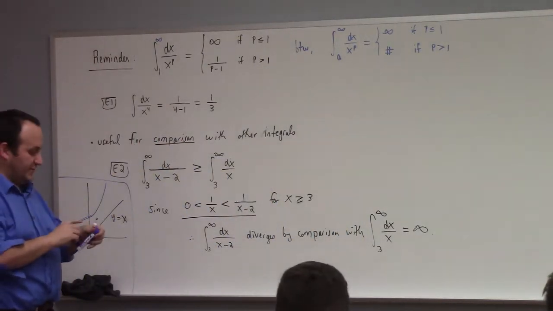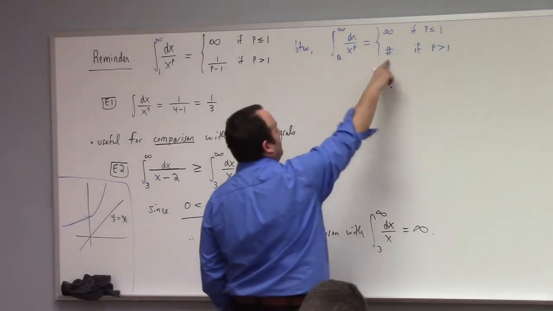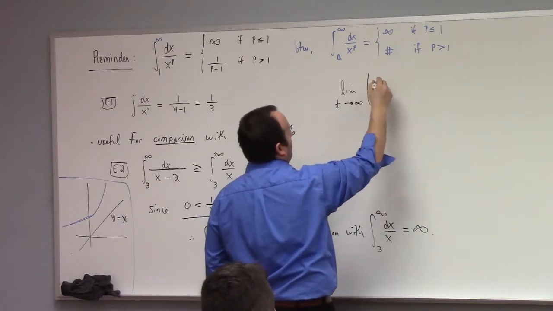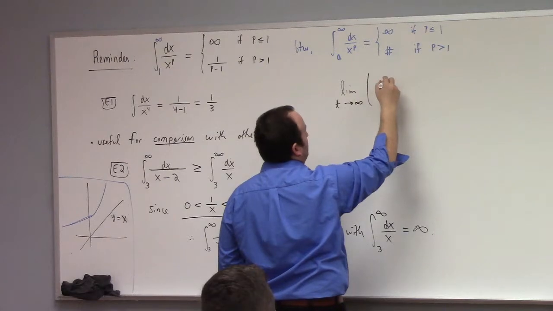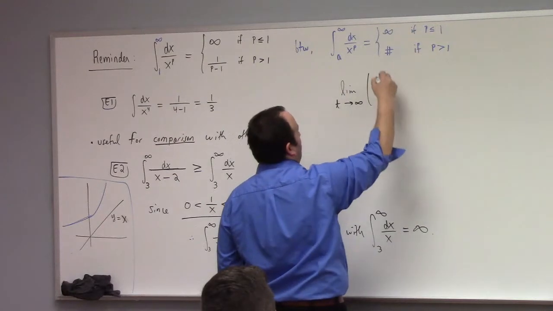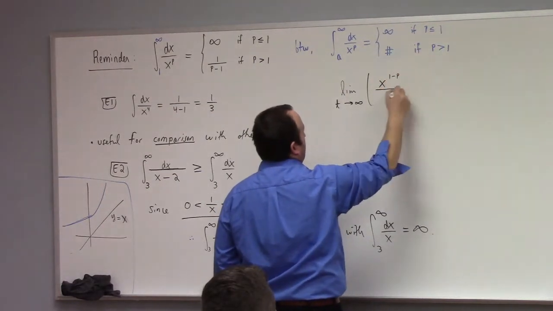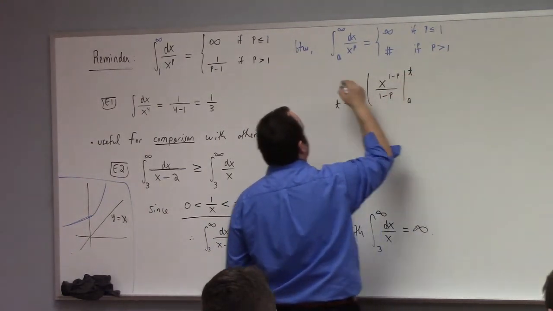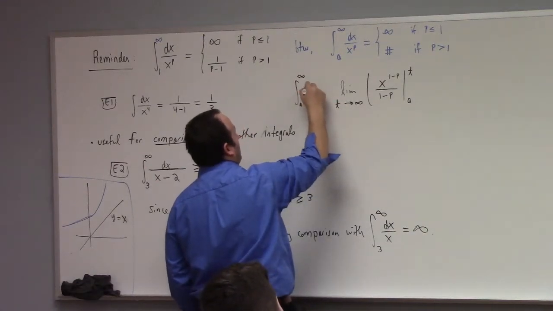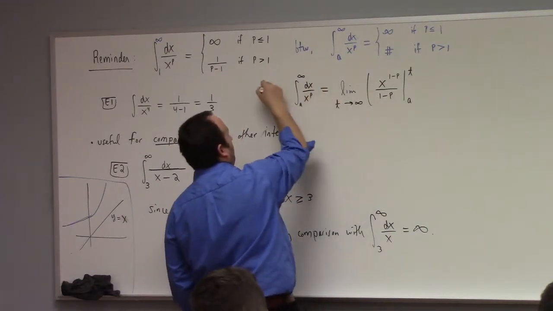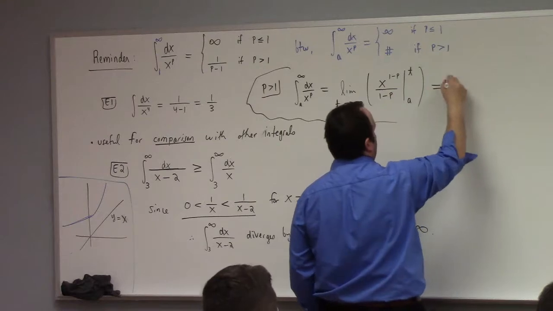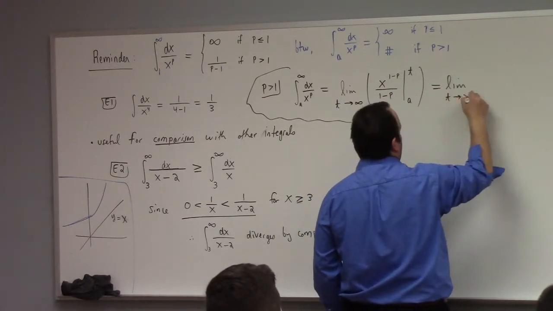I could do that. It wouldn't take but a second here. What's the number that goes there? What was the integral of, in this case, it was just what? So that's x to the minus p, so x to the 1 minus p over 1 minus p evaluated from a to t. So what is that? Sorry, poor planning on my part.